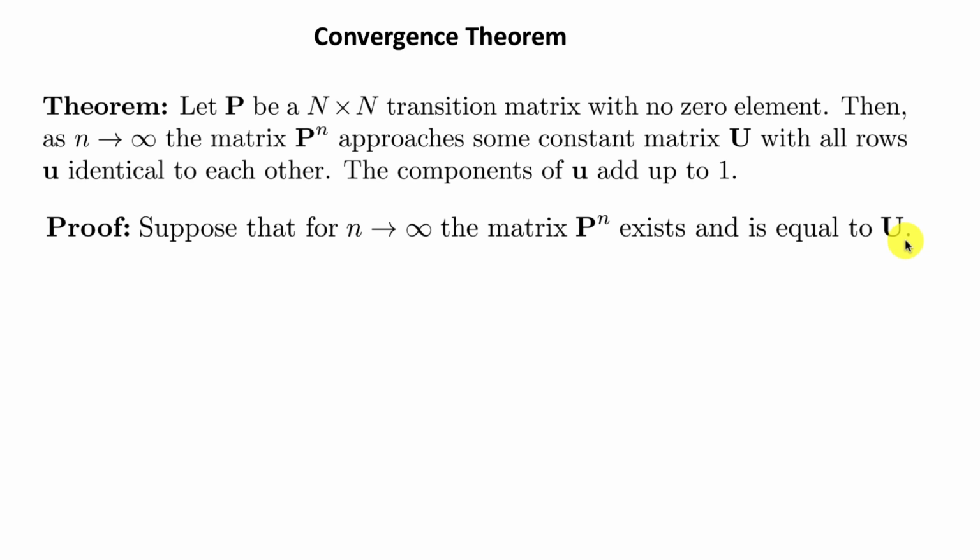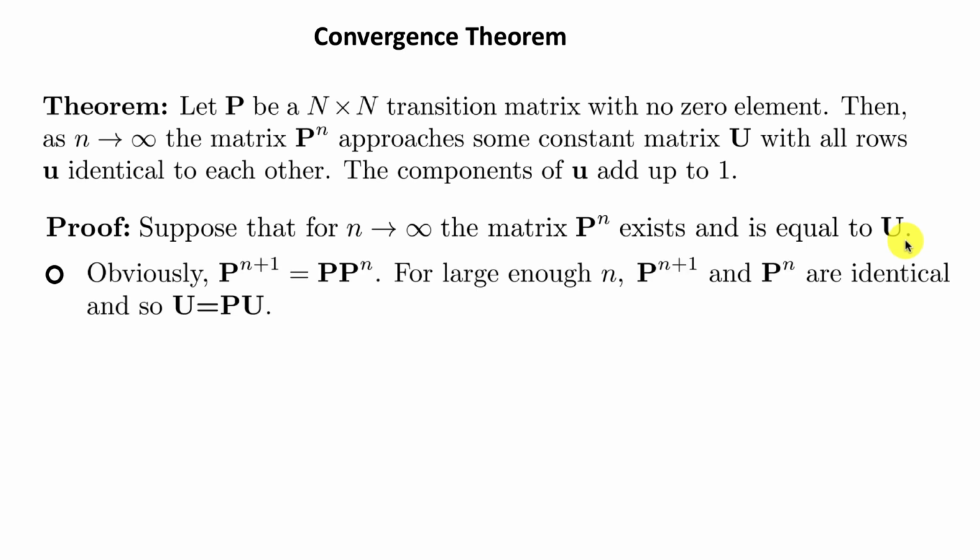So, if this limit exists, then obviously P to the power n plus 1 and P to the power n multiplied by P are exactly the same, and this P to the n plus 1 you can denote by U, and you can denote P to the n also by U.